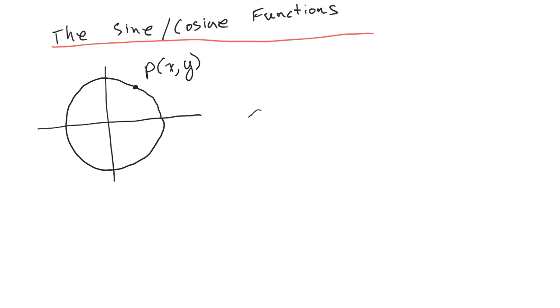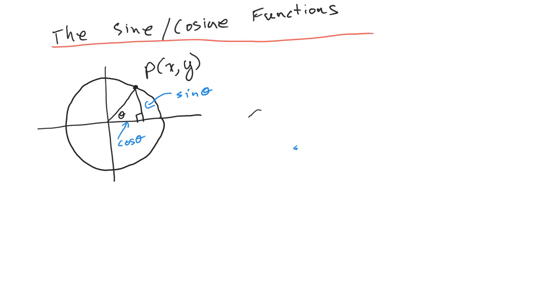But we can always find an angle theta that will use right angle trigonometry from a long time ago to figure out things like the height from the x-axis, which is sine of theta, and this one here, the distance along the x-axis, would be calculated by using cosine of theta.